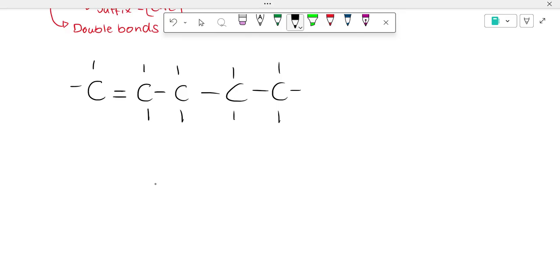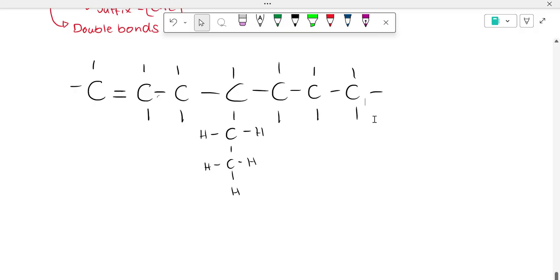And now I'm required to name this compound. Hmm. Well, let's just make it a bit extra fun. Okay, right. So let's try and name this compound. First and foremost, what's the first thing you must do? Identify the longest carbon chain, right?